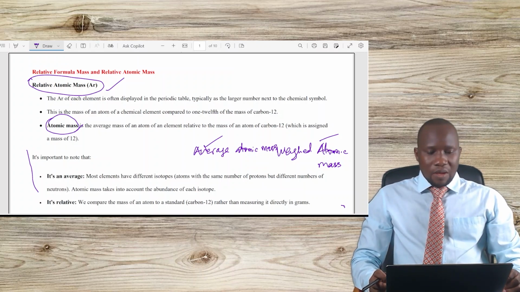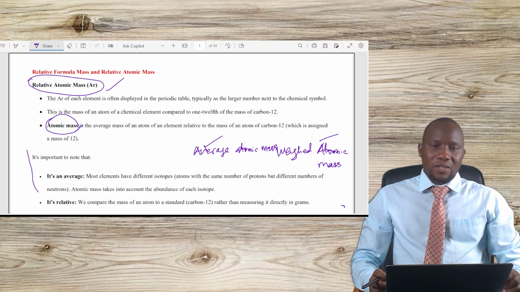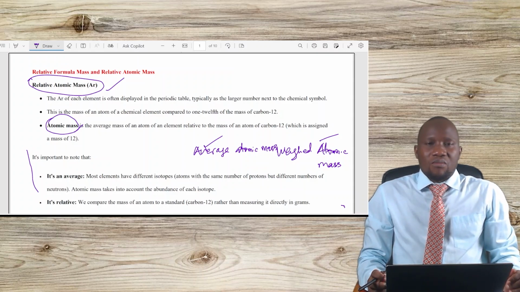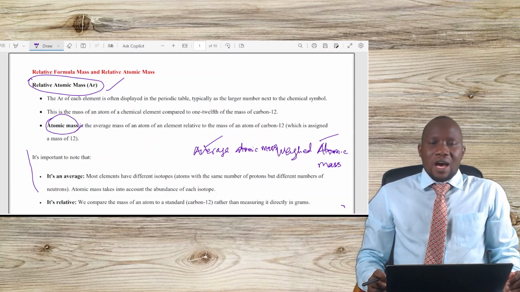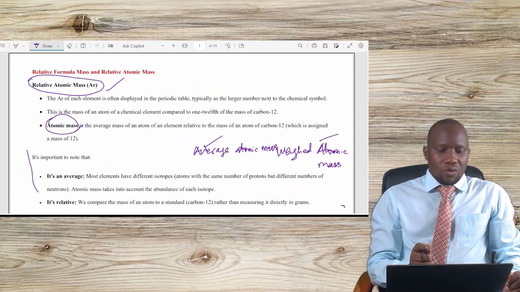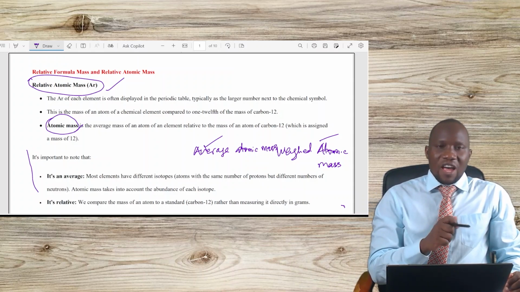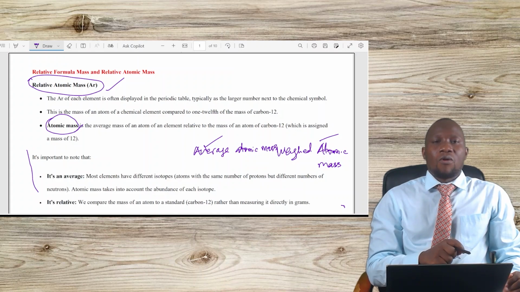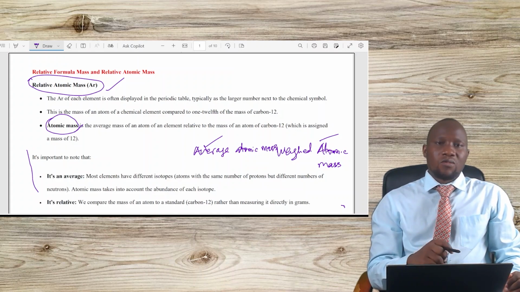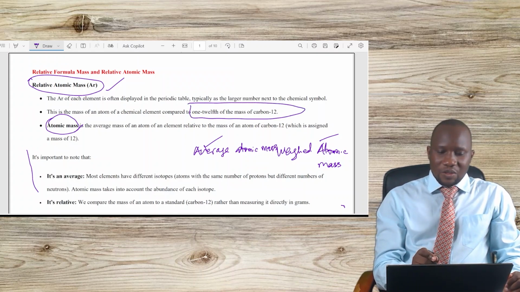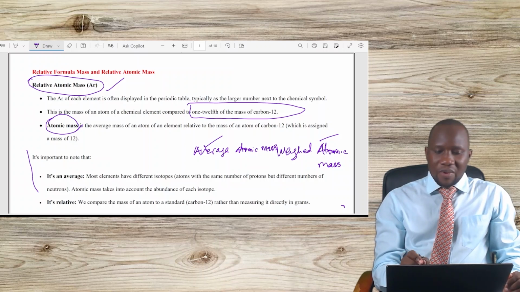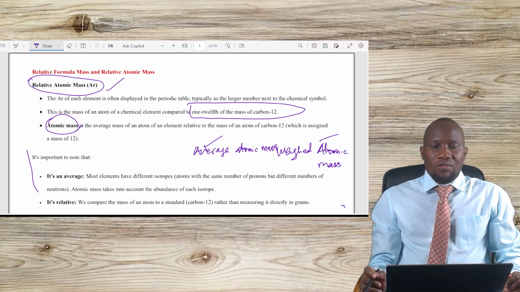Carbon-12 is used as a reference element for determination of mass of other atoms. So the mass of an atom, compared with 1/12 of carbon-12, is what we call the atomic mass.